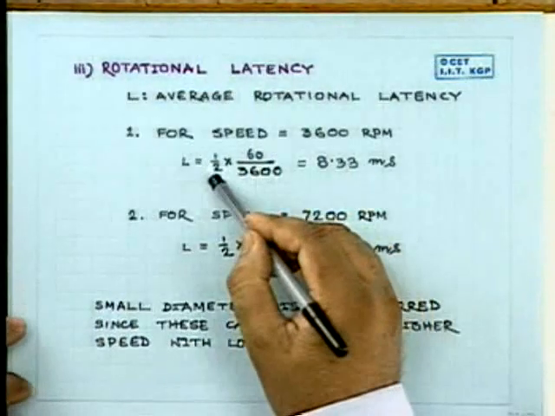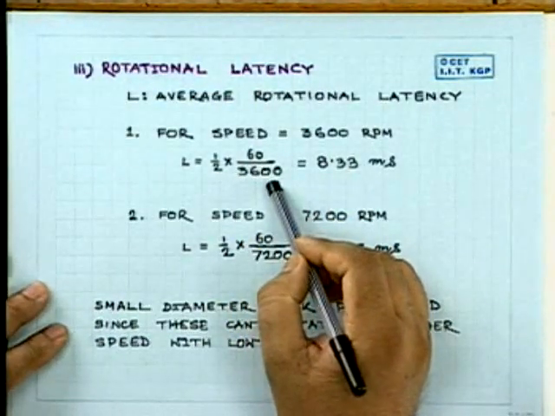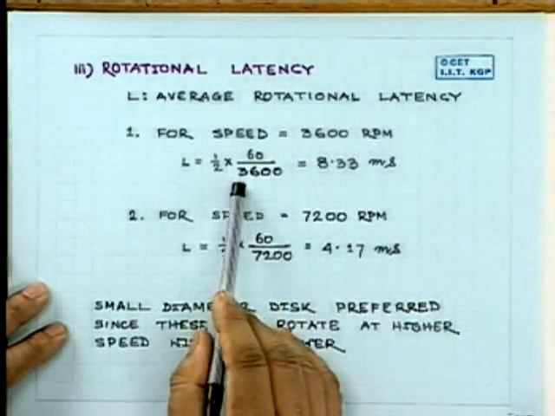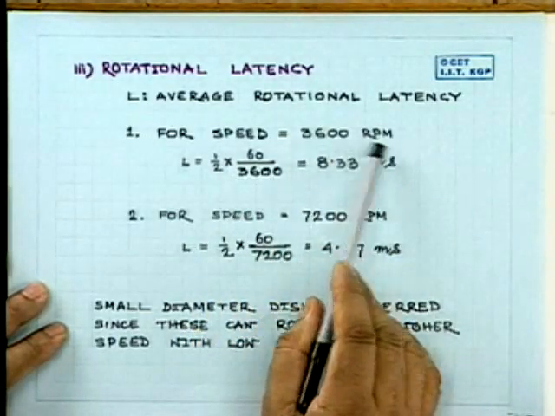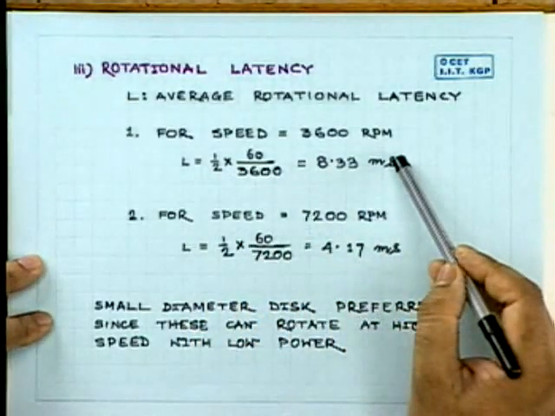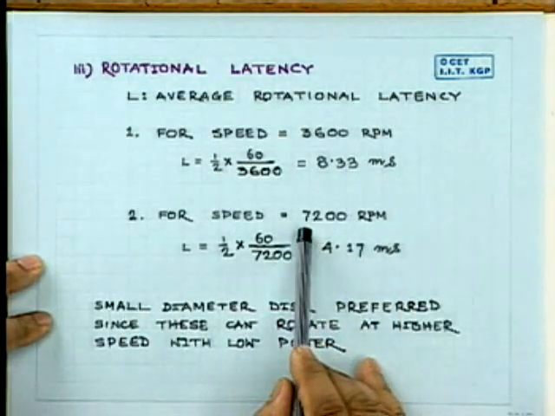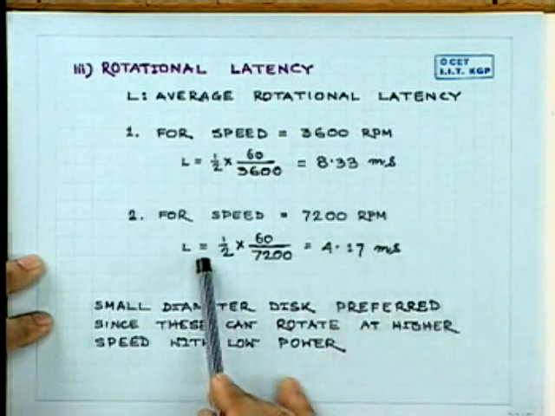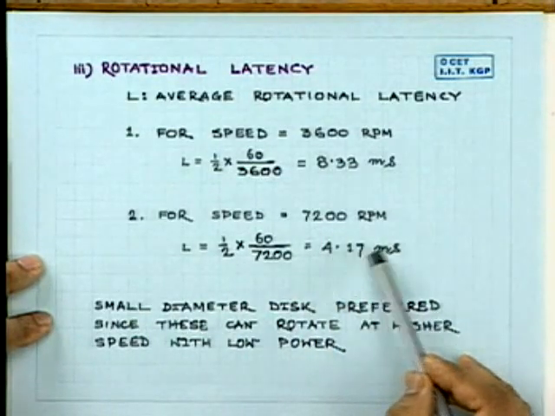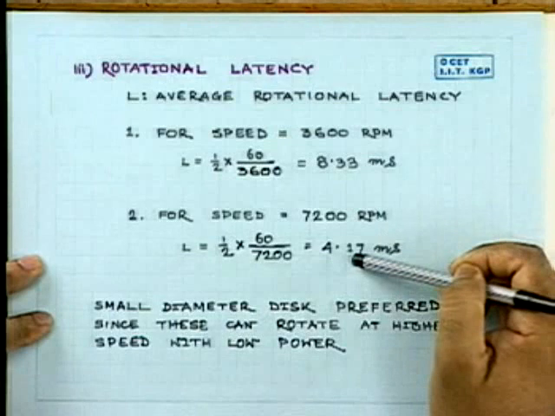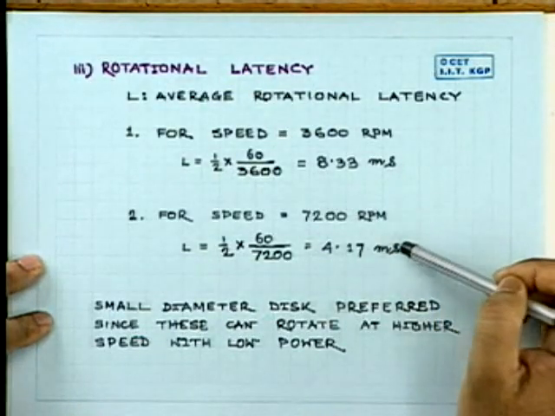Therefore, we take it to be half the time of rotation of the entire disk. If the disk speed is 3600 RPM, then the rotational latency is 8.33 millisecond, and if the speed is 7200 RPM, then the rotational latency will be 4.17 millisecond. Therefore, the higher the speed, naturally the lower the rotational latency.